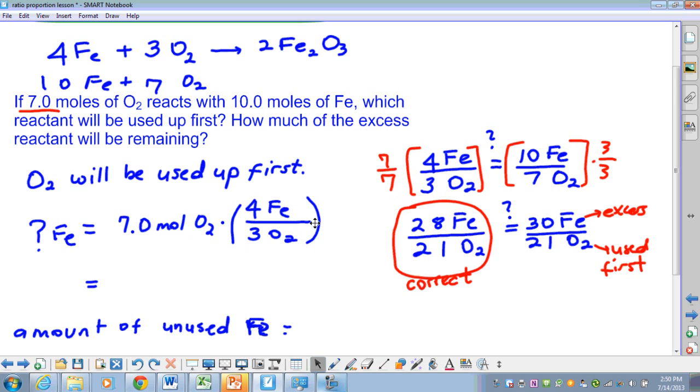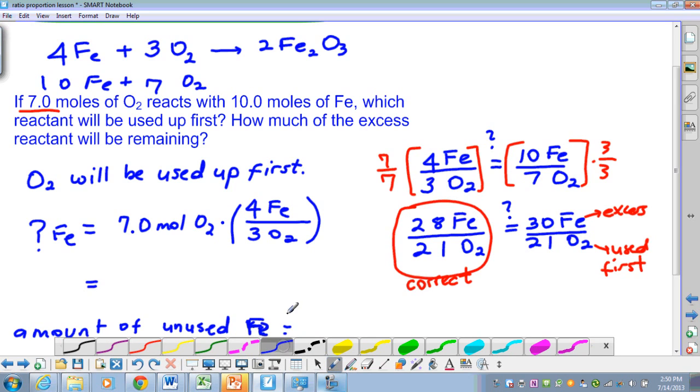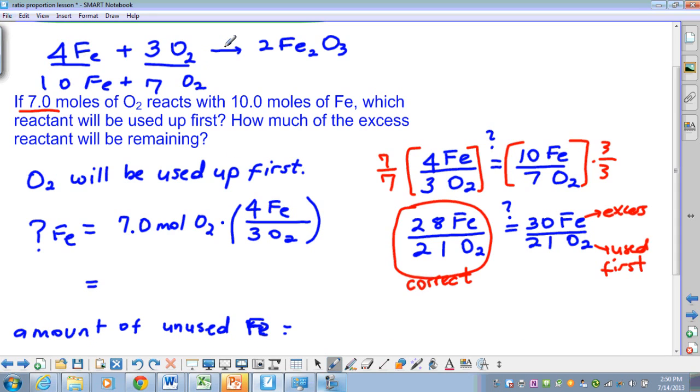Here's our conversion factor: 4 moles of iron to 3 moles of oxygen. That's given from our equation. And if you simplify this, multiply the tops, you have 7 times 4, divide by 3, you will have 9.3 moles of iron.